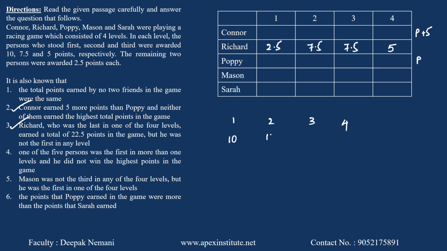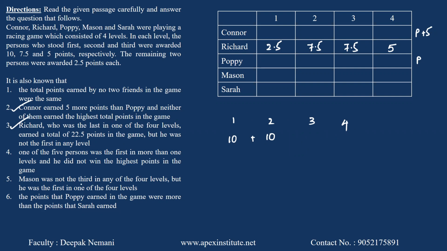If the person scores 10 points in 3 levels, then he will be the top scorer, but it is given that the person who was first in more than one level did not win the highest points in the game. So you cannot have the person winning 10 points in 3 levels. He can win 10 points in only 2 levels. So 10 plus 10, 20. The remaining score we will try to find.